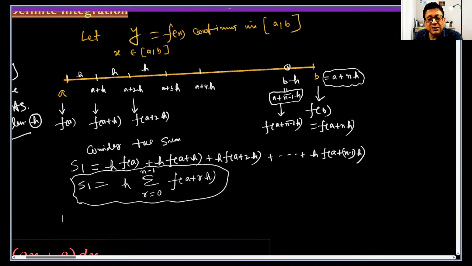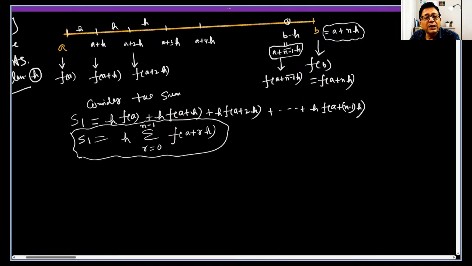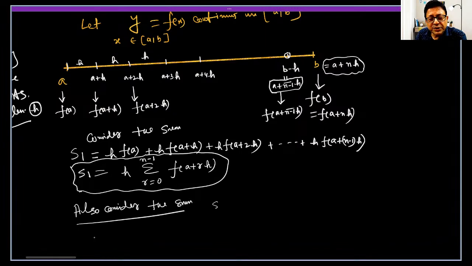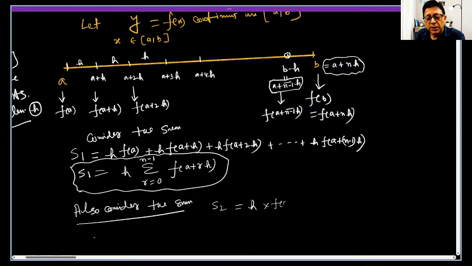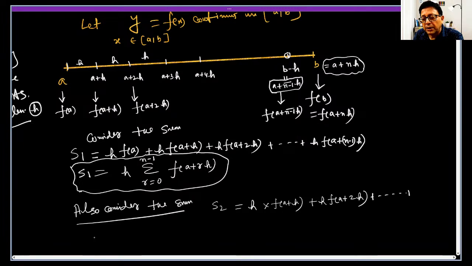You consider another sum that multiplies with the end of the interval also. Okay. Also consider the sum S2 equal to h into f(a plus h), f(a plus 2h) plus, and so on.